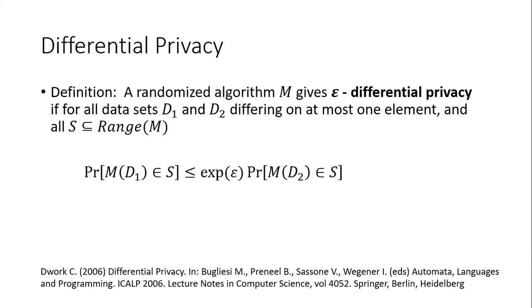You decide what you want epsilon to be, or, as I'll show later, if you create an algorithm composed of many steps, you keep track of how much privacy is lost at each step, and the overall algorithm would be epsilon differentially private, where epsilon equals the sum of all those.